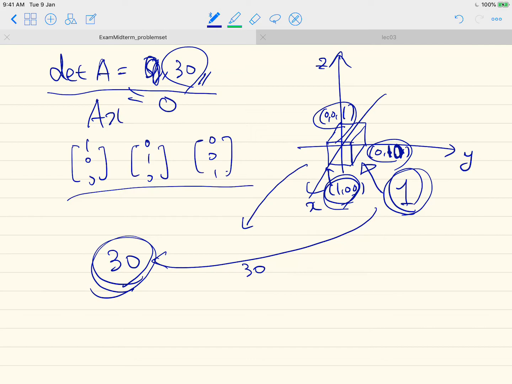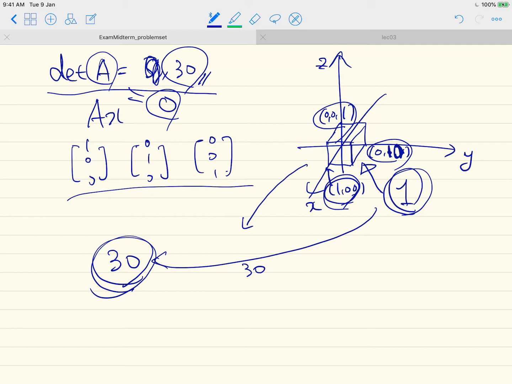But if we map these three linearly independent input vectors through A times X, and A has linearly dependent columns, in other words, if it is singular, then the three resulting vectors will span only a two-dimensional plane, right?